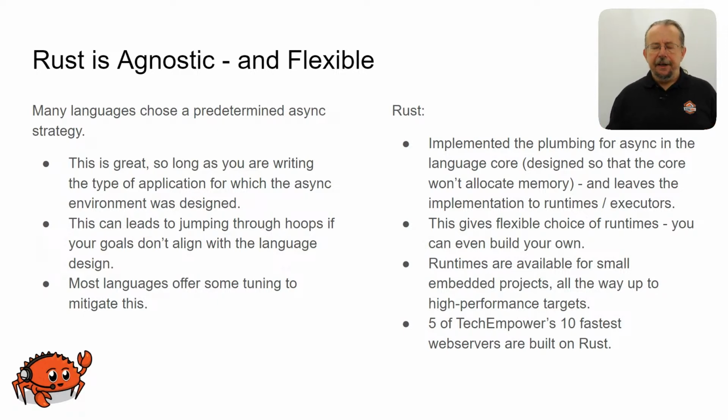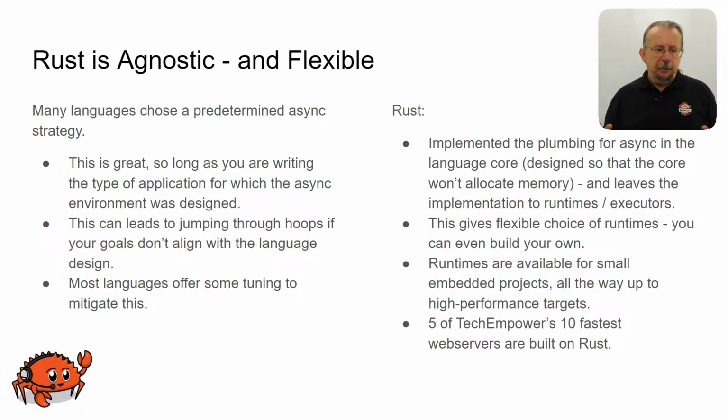But you might also be trying to cram all of this down, and you're actually talking to a bunch of industrial control systems, but you need to fit on a tiny little microcontroller. Well, that's not going to work so well when you're using a really large system that is designed to scale all the way out to thousands and thousands of systems. So Rust and also C++ made the decision that they'd implement the plumbing for async.